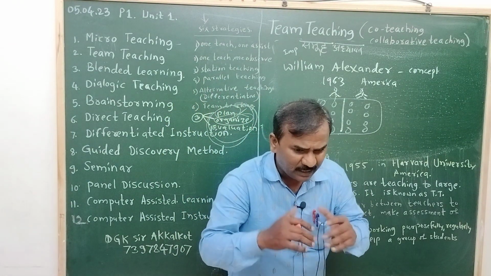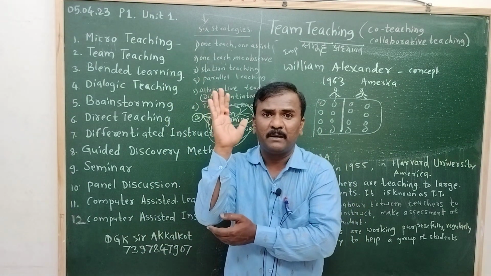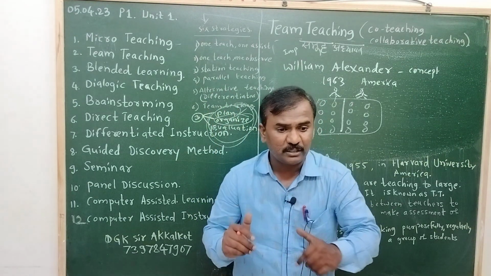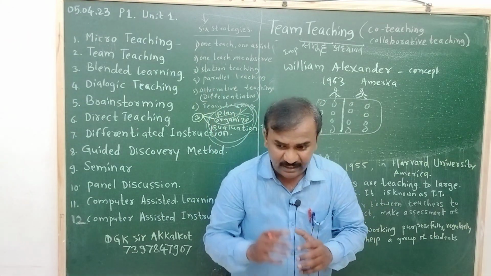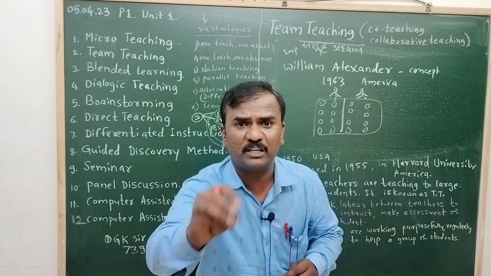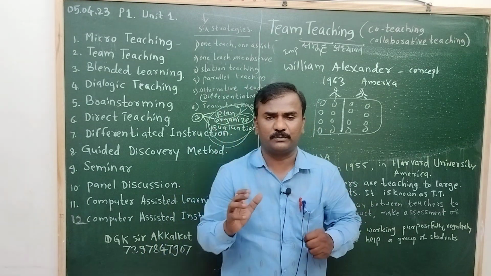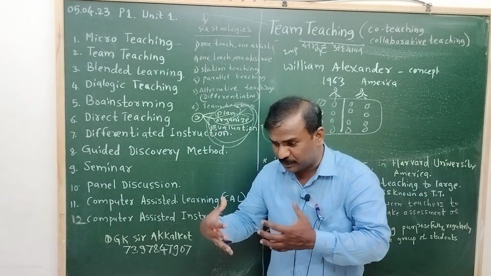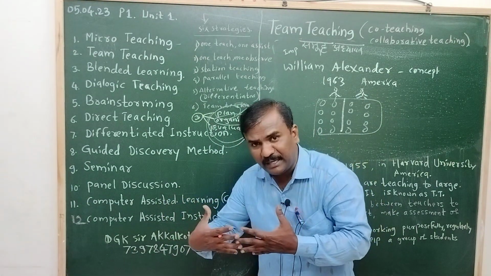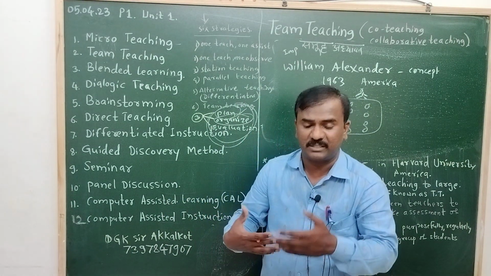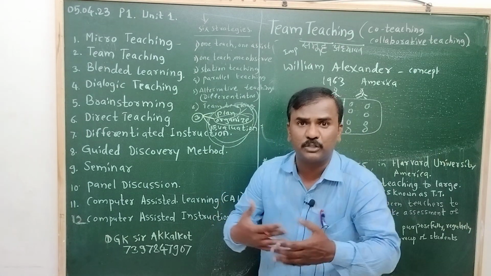One teacher explains, another teacher shows the chart. One teacher teaches, another observes whether students are doing the activity or not. Two teachers collaboratively help each other and teach the subject matter to the students.